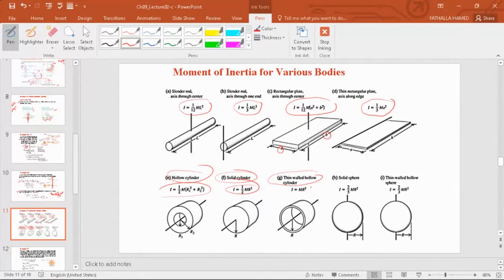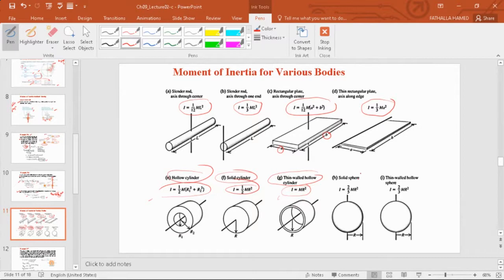Well, the moment of inertia here will be mr squared. So in these three different cases, if you keep the mass the same and the radius the same, most likely you're going to find that maybe this one or that one will have higher moment of inertia.